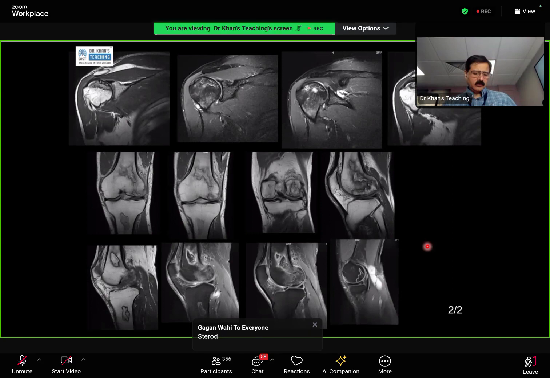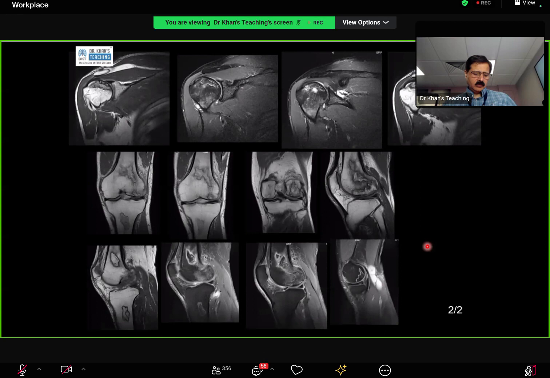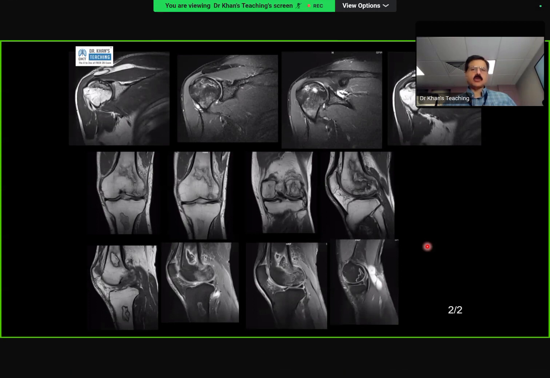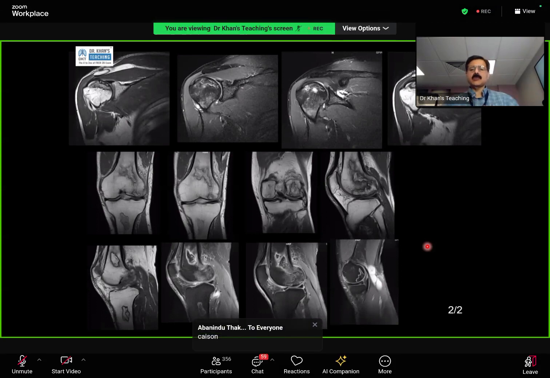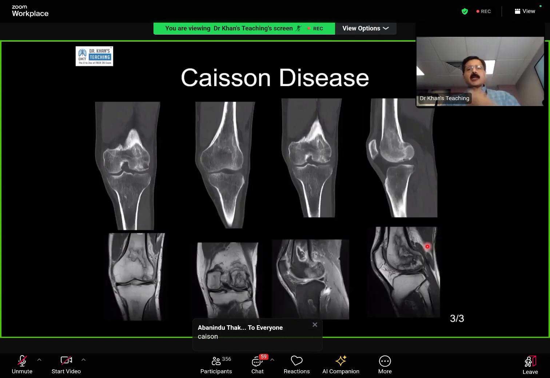So there are a lot of differentials which can be there and which need to be clinically assessed to reach a certain diagnosis. Right. This one was actually Caisson's disease. This is Caisson's disease, and that should be in your differential. This patient was a deep sea diver actually.